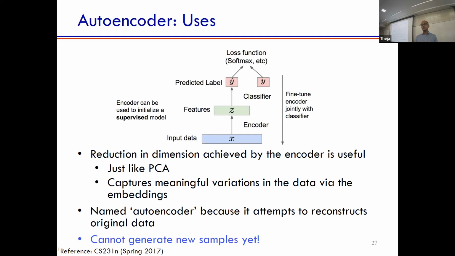So it could be that, for example, two very similar images of cats could be encoded to very different vectors just because the reconstruction error is low, and you could still reconstruct them. But that's not very desirable. Ideally, you want similar images, or images of similar objects, to encode into similar locations.